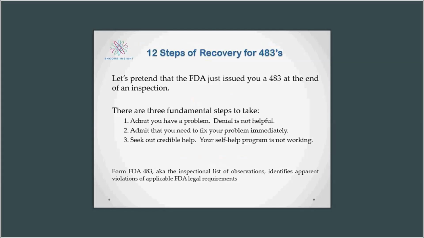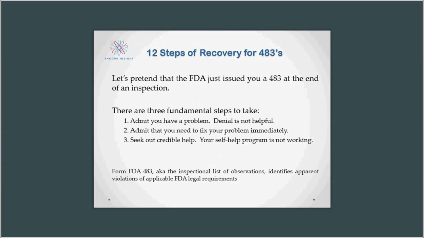And for those of you who aren't sure what a 483 is, it's the inspectional list of observations, which identifies the apparent violations of applicable FDA legal requirements. I say apparent because it's simply the investigator's view that may not be true. They could make a mistake, but it's the apparent violation.